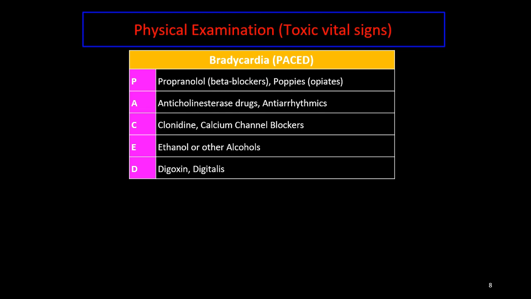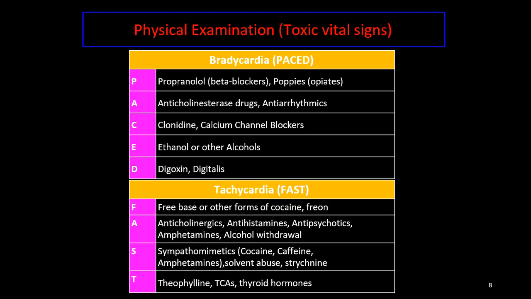Alcohol will come in both the categories. Okay, I agree. Anything else? Amphetamines. Again, a sympathomimetic. Any other category of drug or poison which can cause tachycardia? Okay. So this is the list. The mnemonic is FAST: cocaine, anticholinergics, sympathomimetics, theophylline, TCAs and thyroid hormones.